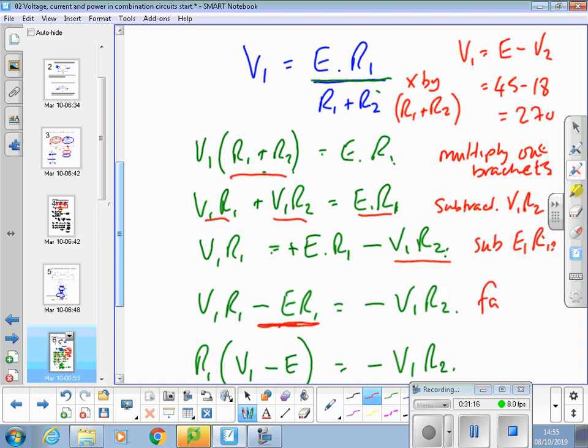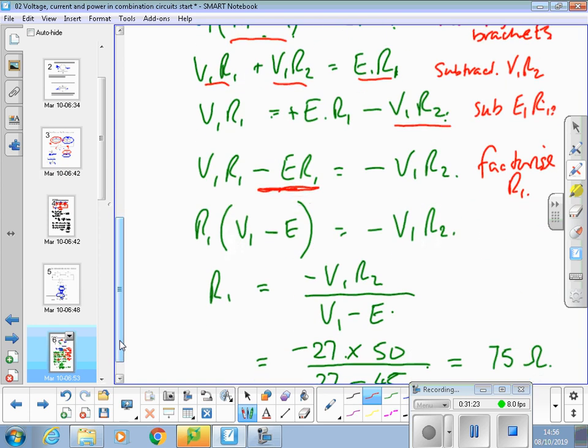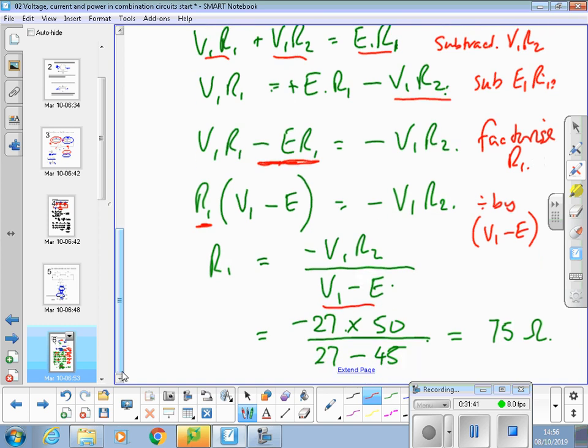Then factorise R1. There's the factorised term. Divide by V1 minus E. There's the V1 minus E. And then we're ready for numbers in, because we've got R1 equals something. Here's a particularly tricky one, I accept that.